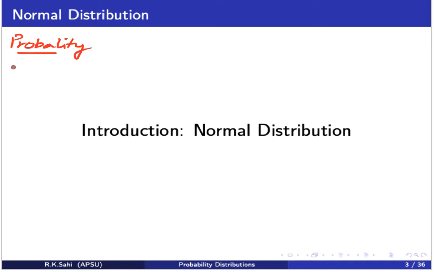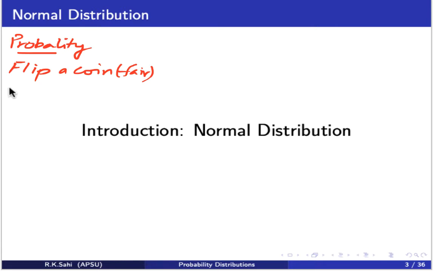That's how it all started. Suppose I flip a coin. I have no idea whether I will get a head or a tail, and I'm flipping a fair coin, by the way. So that's uncertainty. Probability helps us to quantify that uncertainty.